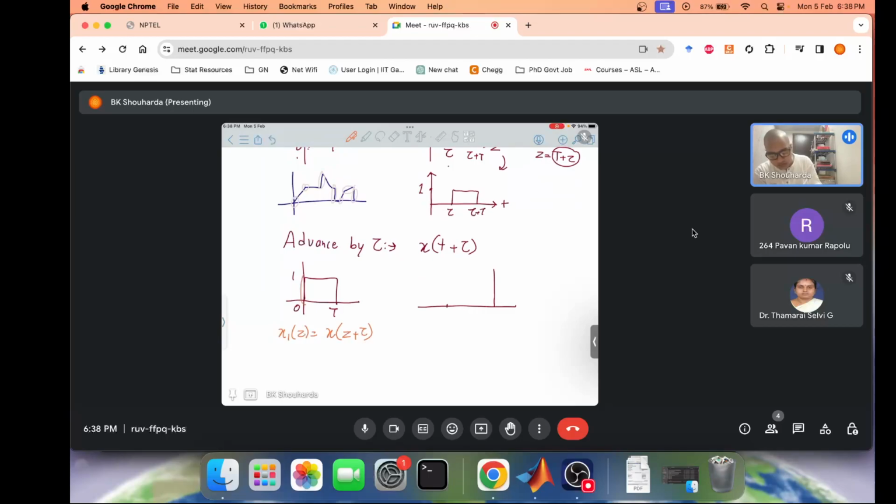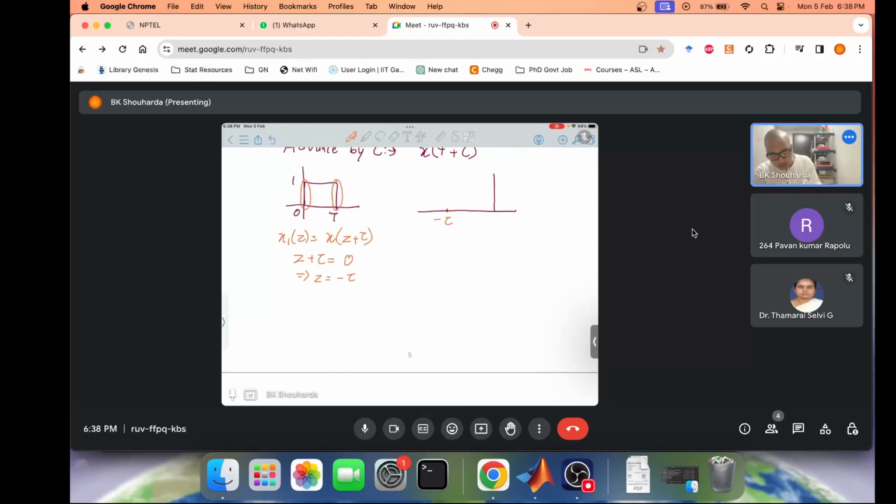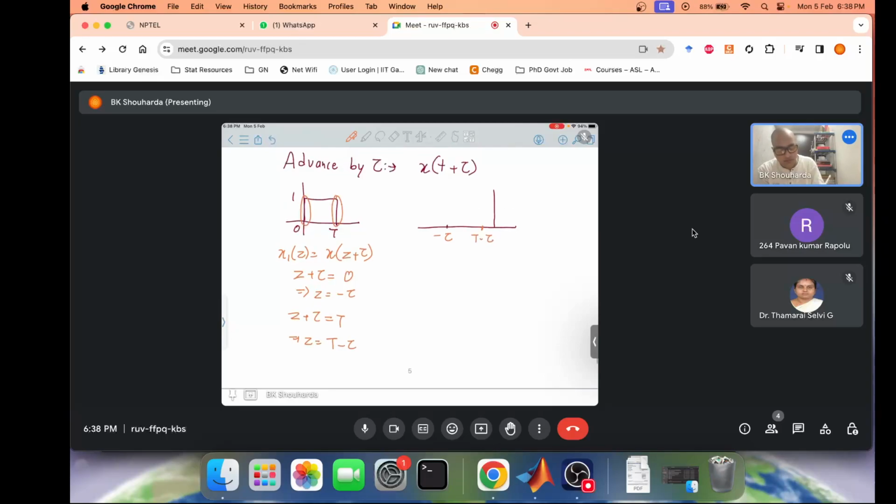Note our critical points 0 and t. Z plus tau equals 0, so z equals minus tau. I take minus tau over here. Z plus tau equals capital T, so z equals t minus capital tau. So let's say t minus capital tau is over here, assuming it's negative.